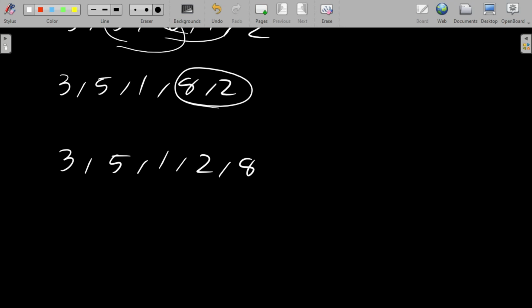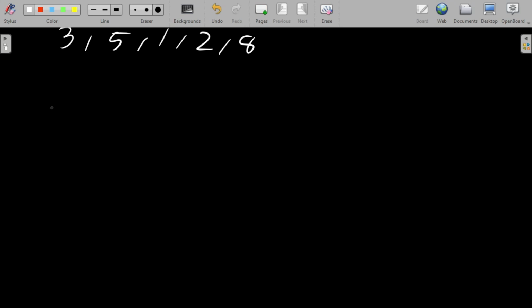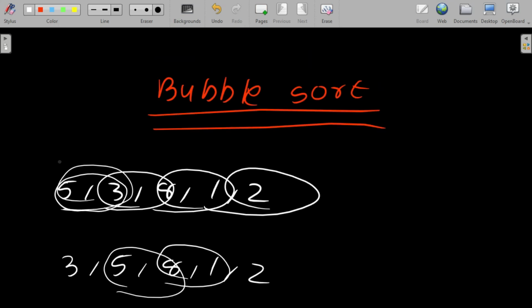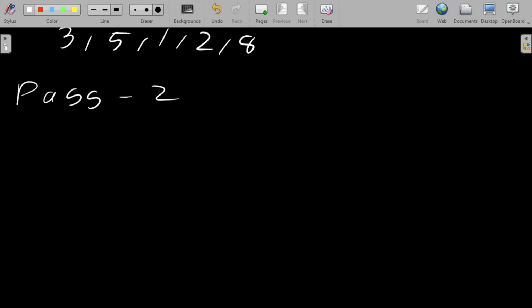So this is the first pass. Now we are going to see the second pass. We compare 3 and 5. No need to swap. Then 5 and 1: we swap because 5 is greater than 1.